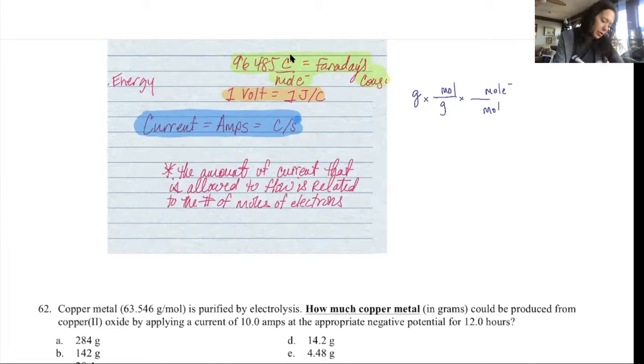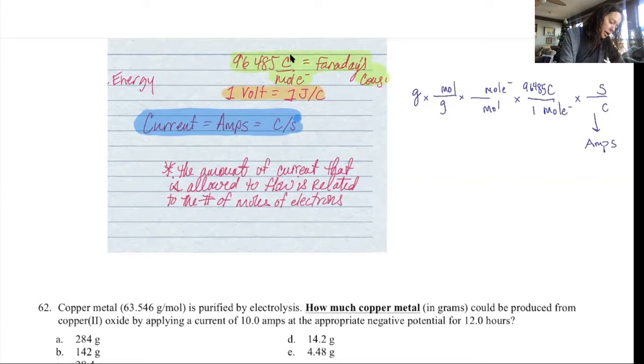From there, I could put my moles of electrons into coulombs, because 1 mole is 96485. I could then turn my coulombs into seconds, and this is my amps. And I can now tell you, if you look at my unit, how long in seconds it took to plate out a certain amount of metal in grams, okay?